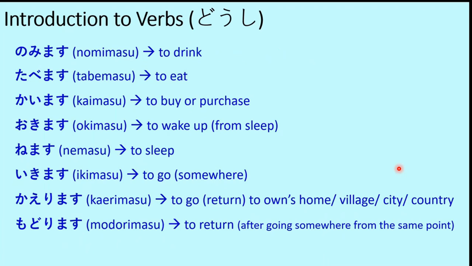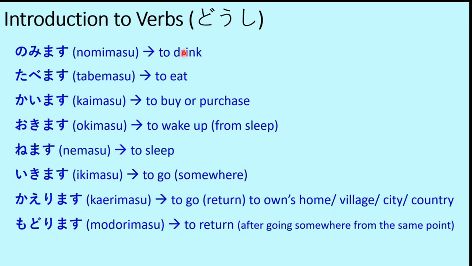Friends, we will form example sentences using the ni particle. But before that, I would like you to recap the basic or common verbs that we studied in the last lesson, so that you can use these verbs in forming sentences along with the ni particle. These are the verbs that we discussed last time.